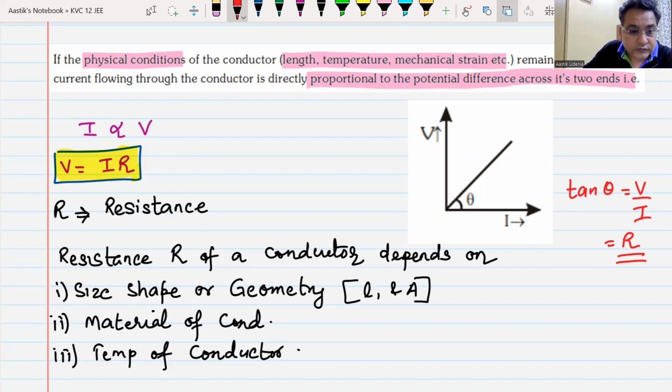So I will now show it to you at different temperatures also, these curves.